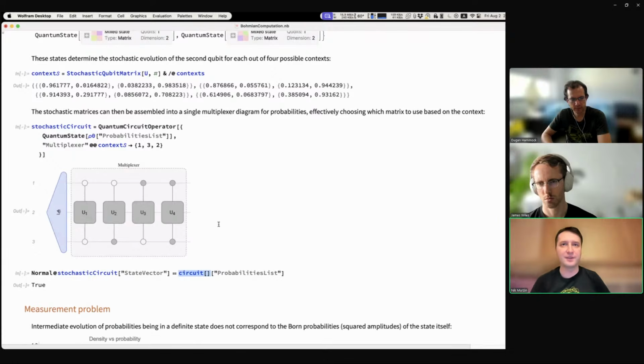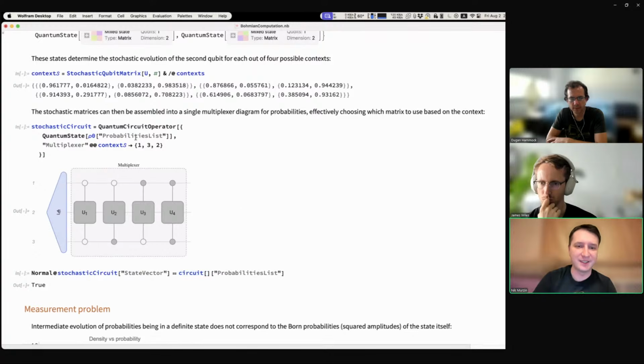So again, we just get rid of the usual quantum theoretic description using amplitudes and waves and just describe it using trajectories. But in this case, trajectories are just these finite discrete definite states of the qubit and how those change probabilistically depending on the context and the actual initial probability distribution, so you can determine the final probability distribution.